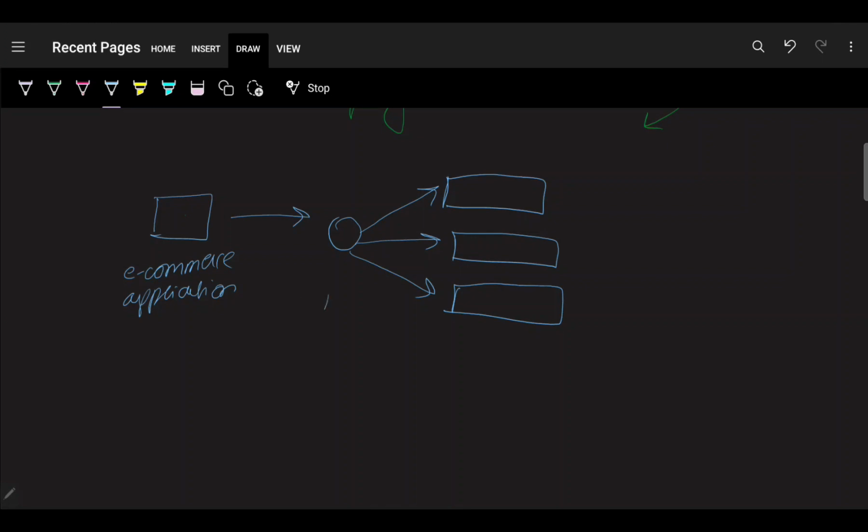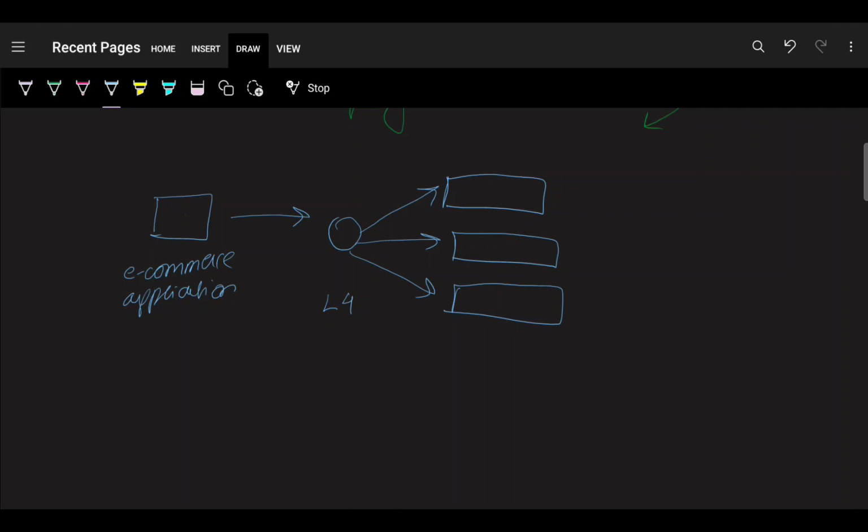This can be an L4 load balancer, since we are already within our application and we just want to communicate with our compute instances. So the network layer load balancer would suffice.